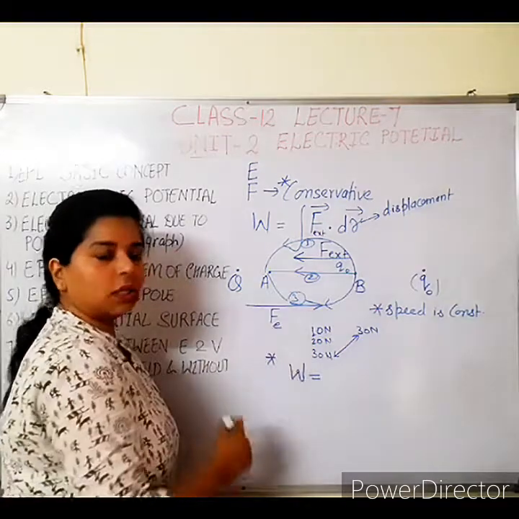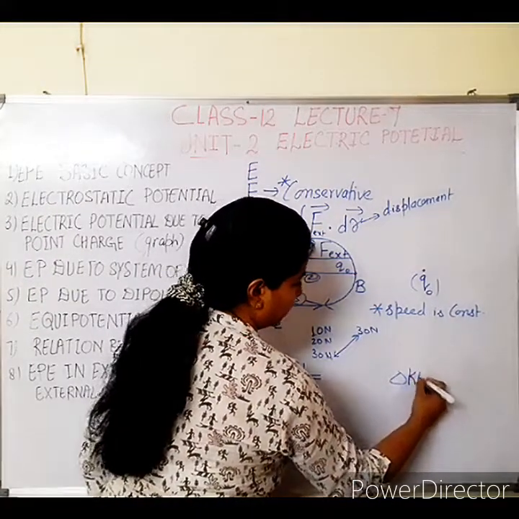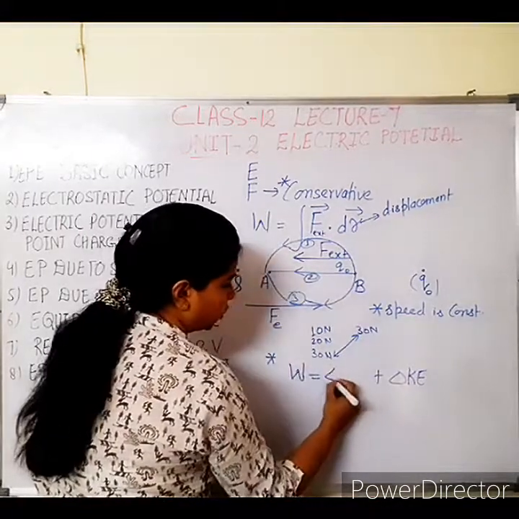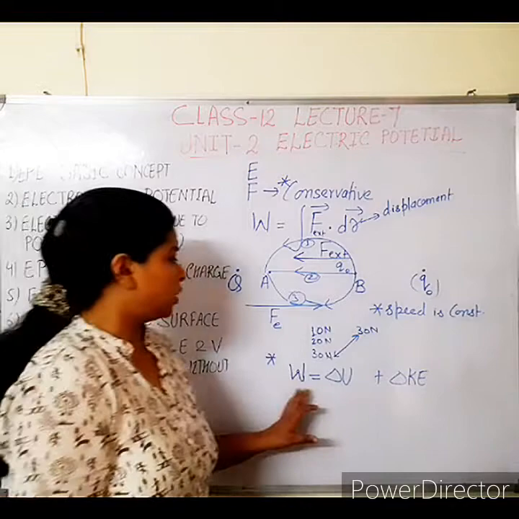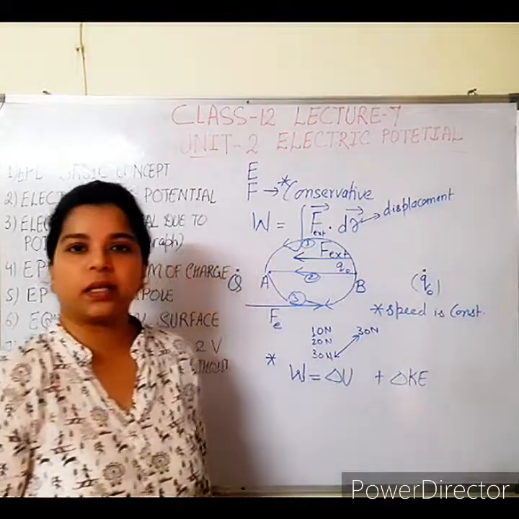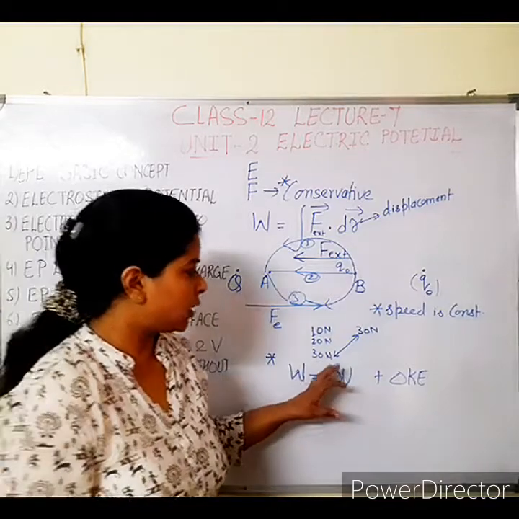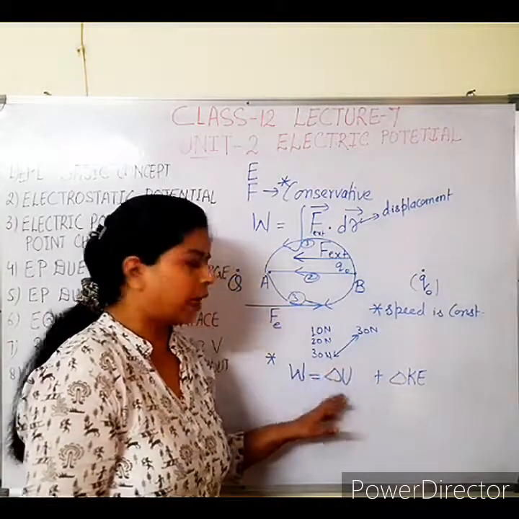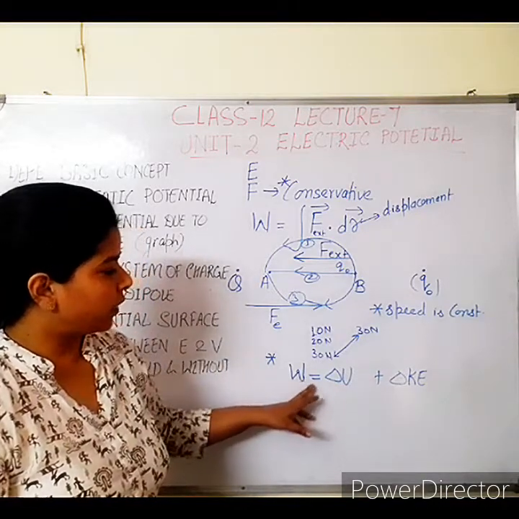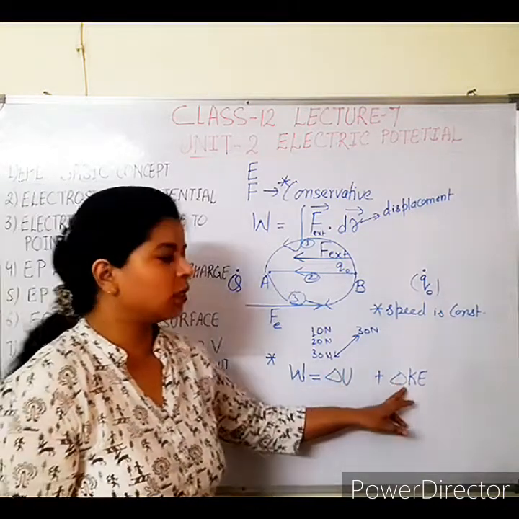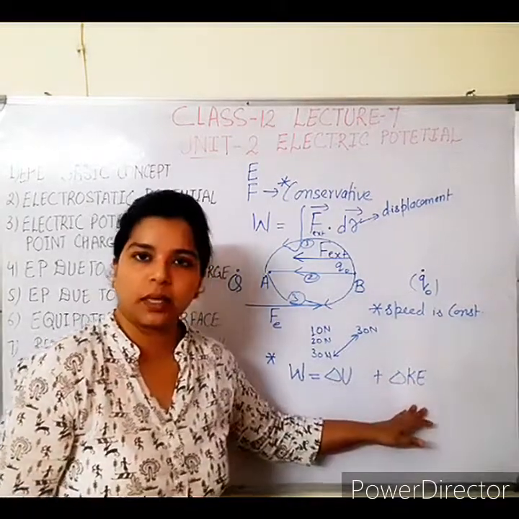Because speed is constant, the work should be the addition of change in potential energy and change in kinetic energy. It is equivalent to the total mechanical energy change of the test charge body. Mechanical energy is the sum of kinetic energy and potential energy. So here W should be equal to delta U plus delta kinetic energy.